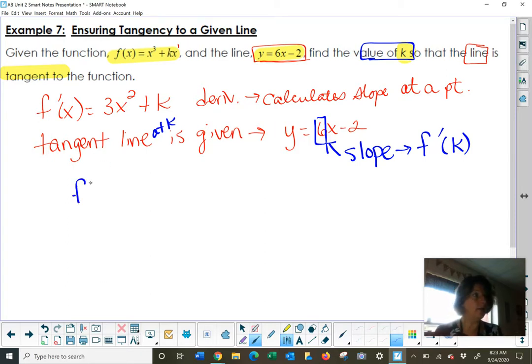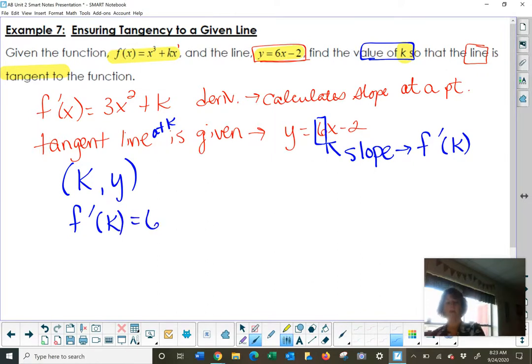So f prime of k equals 3k squared plus k. Yeah, that will be okay. Find the value k. So we want to find k, and then it has some y value to it. But we know the slope, f prime at k, is 6.